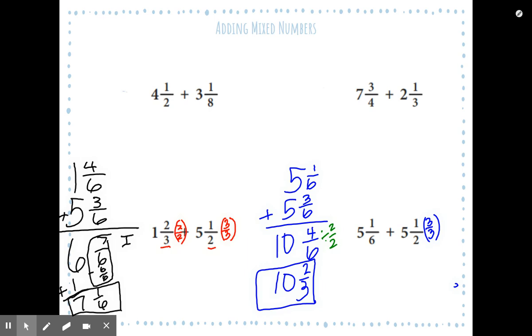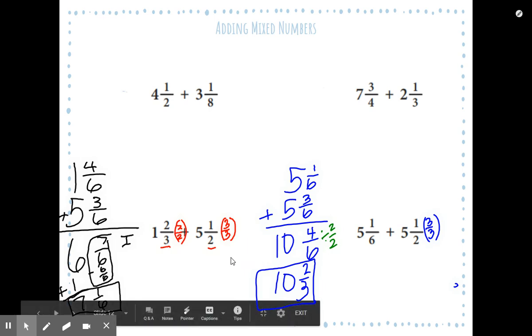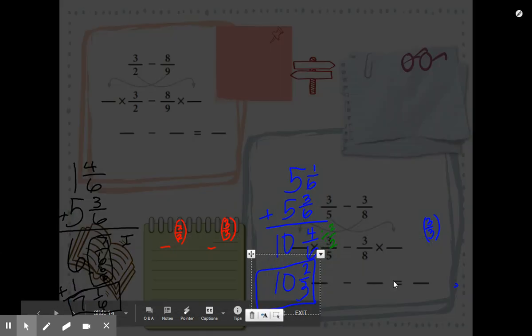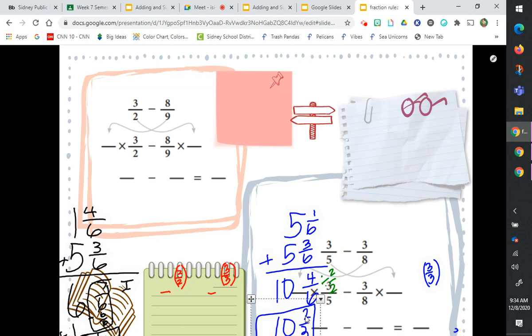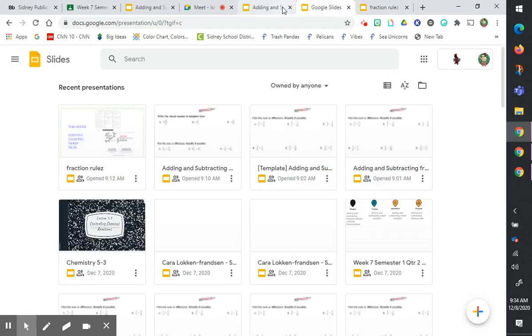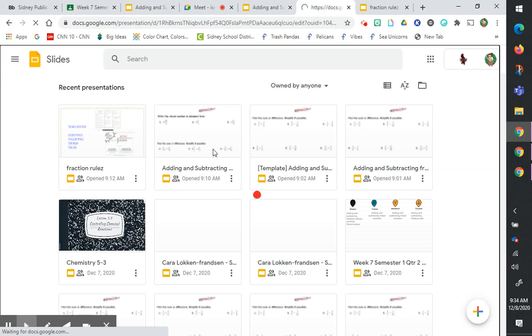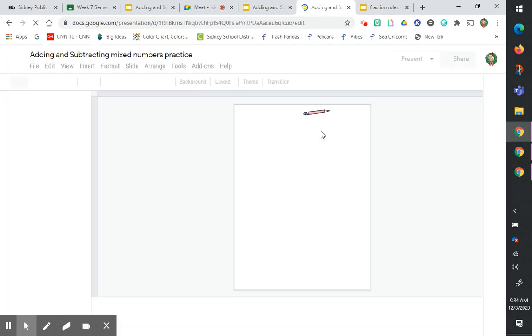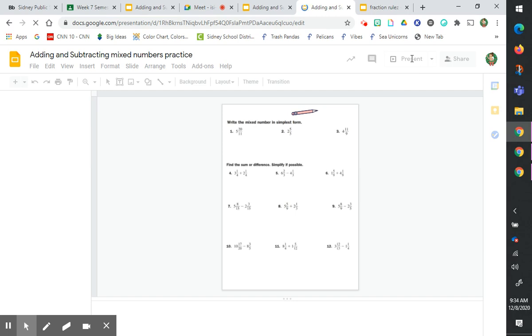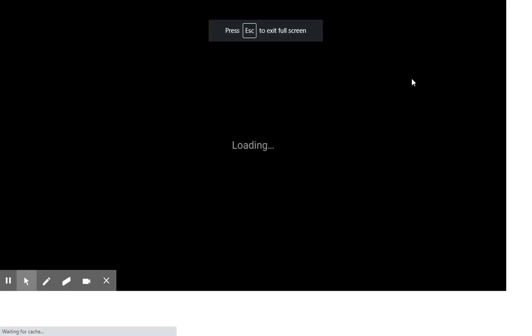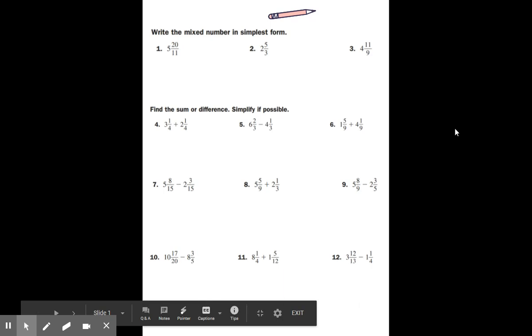Okay. Okay, I think this is what today's is supposed to look like. Let me double check. Yeehaw, I think it's right. But it's still loading. Here we go.